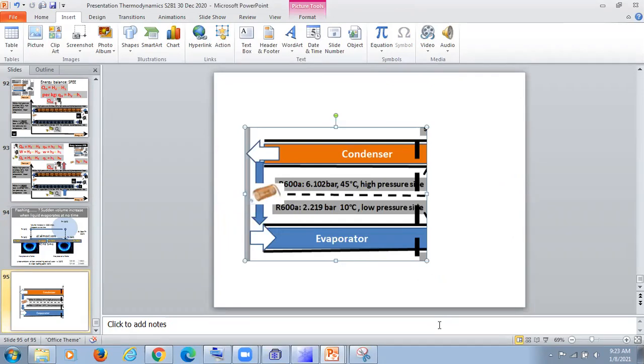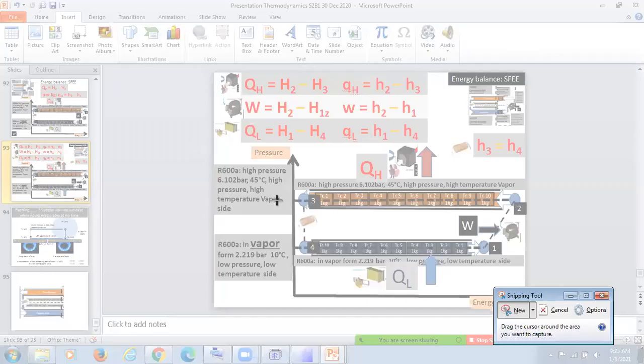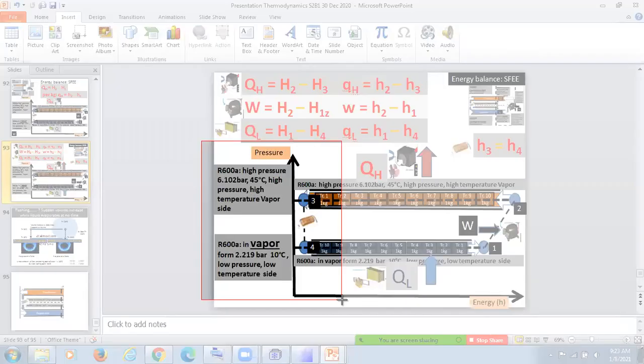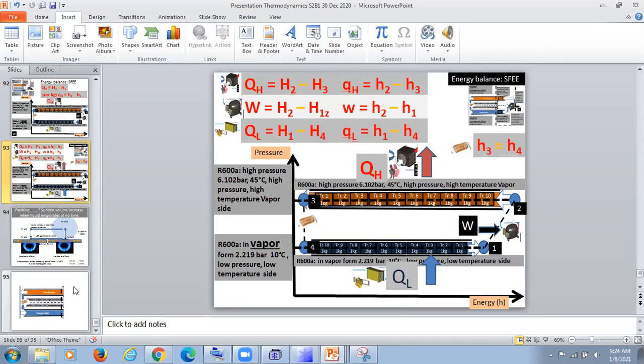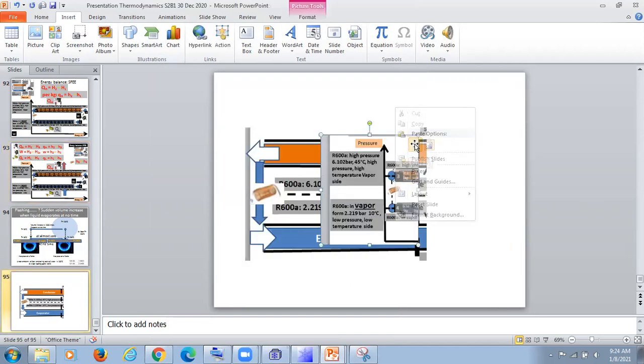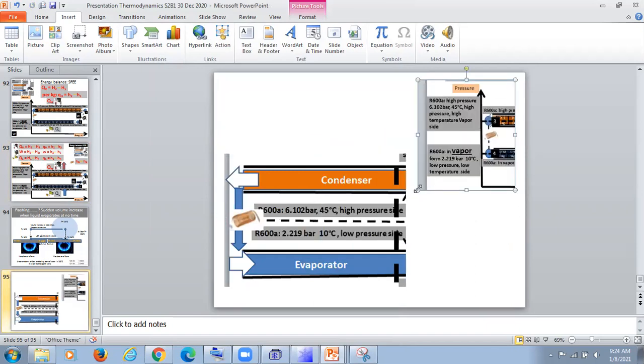So now, this is the left side of this system. I'm trying to let you understand this very well.